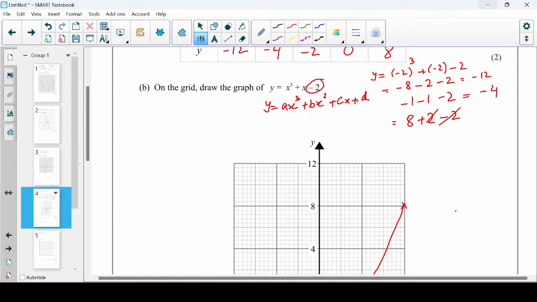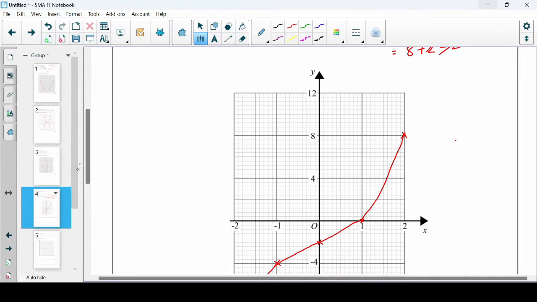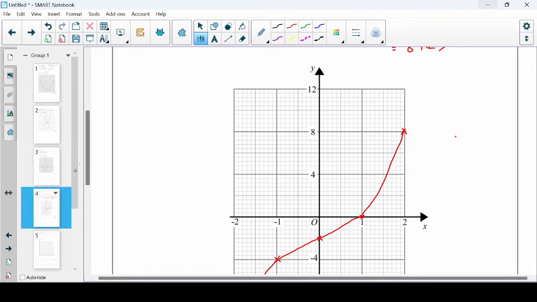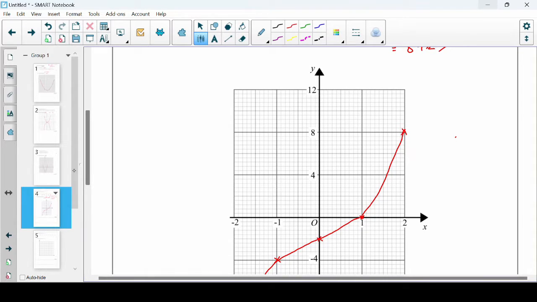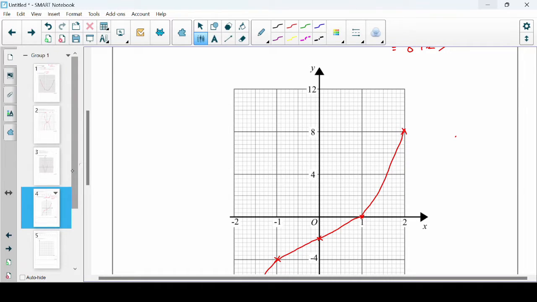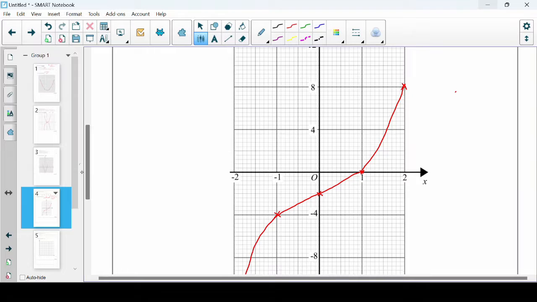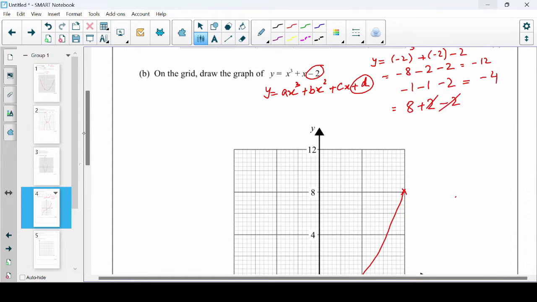So this kind of graph would be there, and this d, which is here without the value of any variable such as x, or any unknown variable, this is the y-intercept. So we see here this graph is on the y-axis, it is passing at the point -2. So it is the y-intercept.